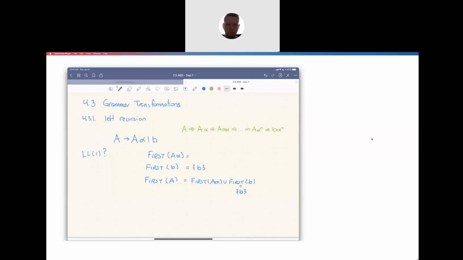And if you continue, you're just piling more alphas at the end, right? So if I look at this and I say, okay, what's the first set of that? Well, what's the first set of that? A B. So yes, you're right. So the first set of that is a B. And those intersect, not empty, therefore not LL1.